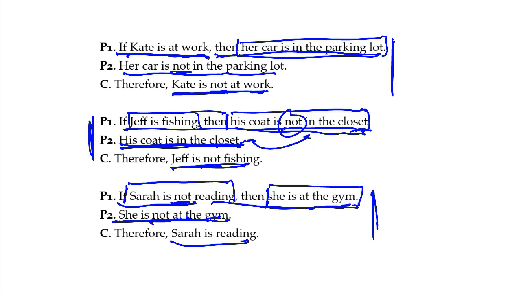So therefore our conclusion is going to be she is reading. The denial of she isn't reading, of course, is that she is. So even though the not is here, and there's no not here, the conclusion is still the denial of this antecedent. Okay, so again, even though all three of these arguments are a little bit different, they're all modus tollens, and they're all valid.